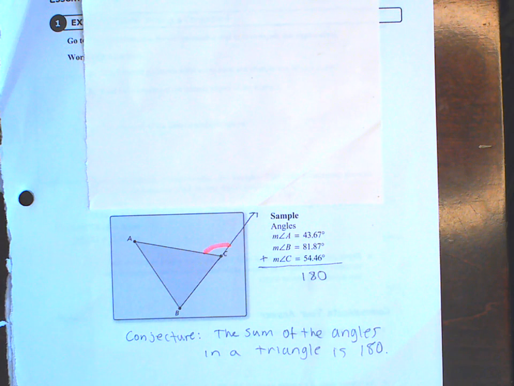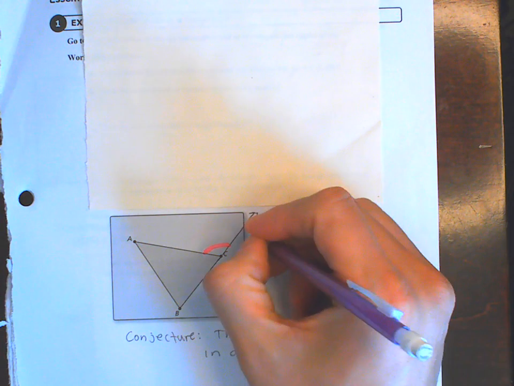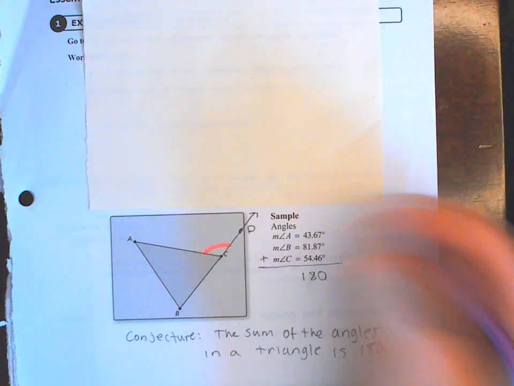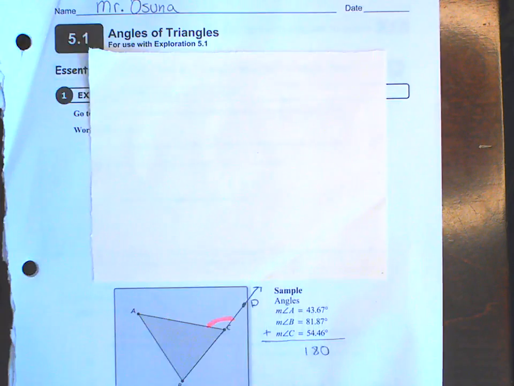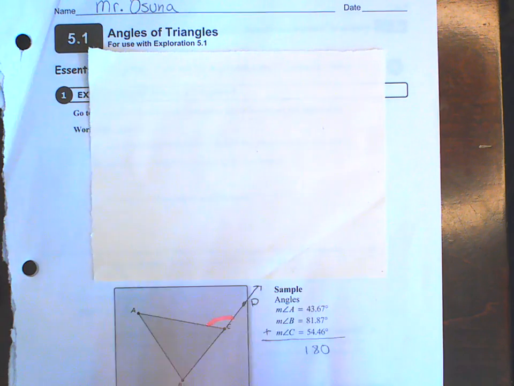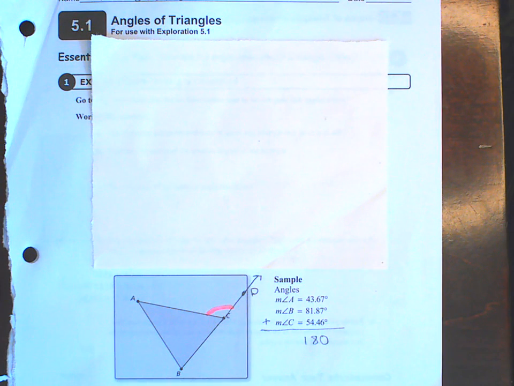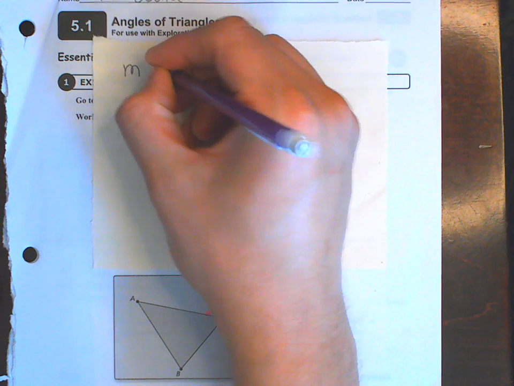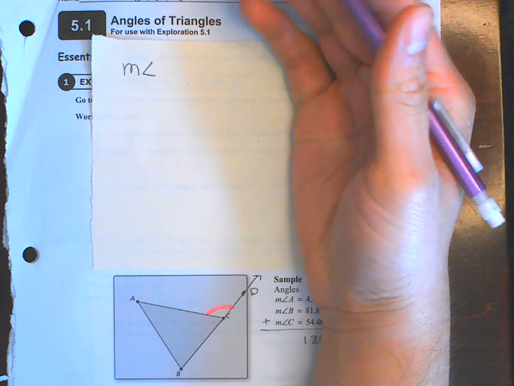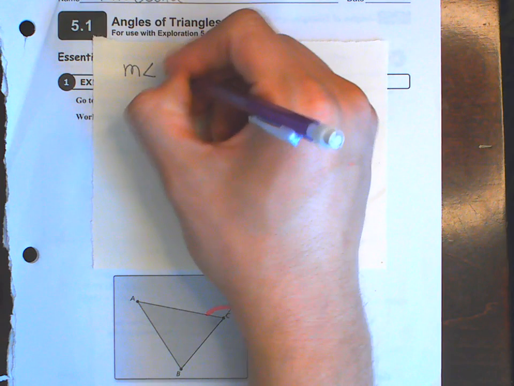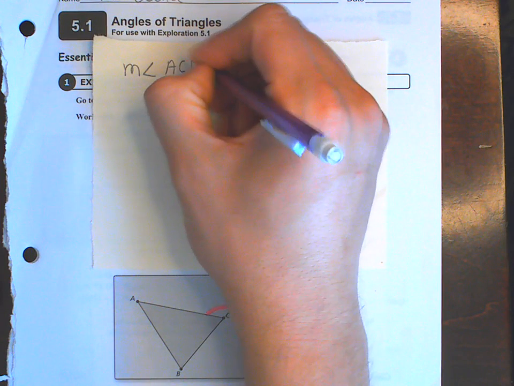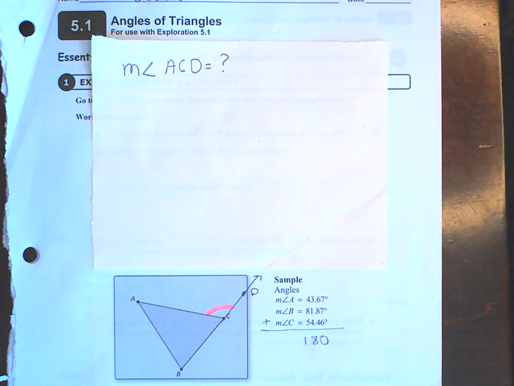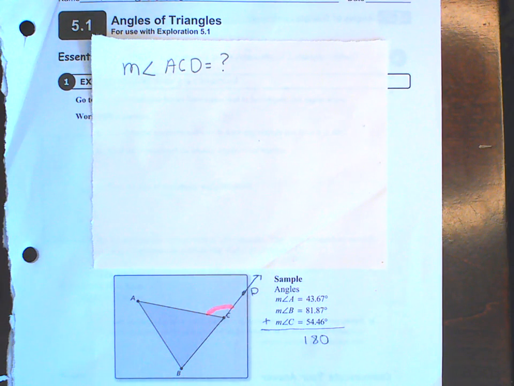In order for me to call it anything, I have to put a point somewhere on here, and I'm going to call this point D. We're going to use the top piece of paper to write our part of the notes. My question is, what is going to be the measurement of angle ACD?